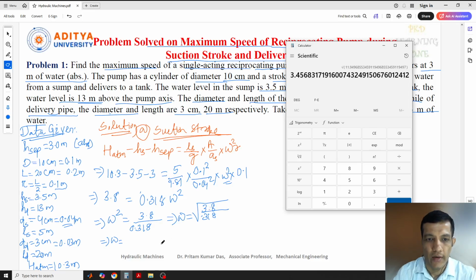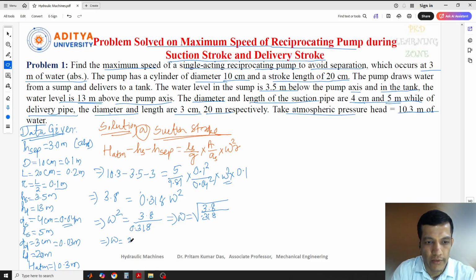So this is our omega value. Here we got the value 3.456, and this is in radians per second. So now we have the value of omega, and we can calculate the speed.